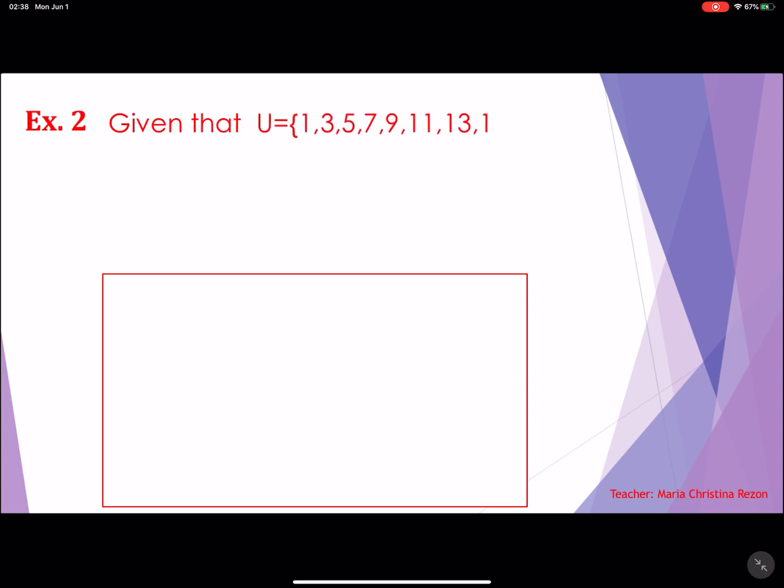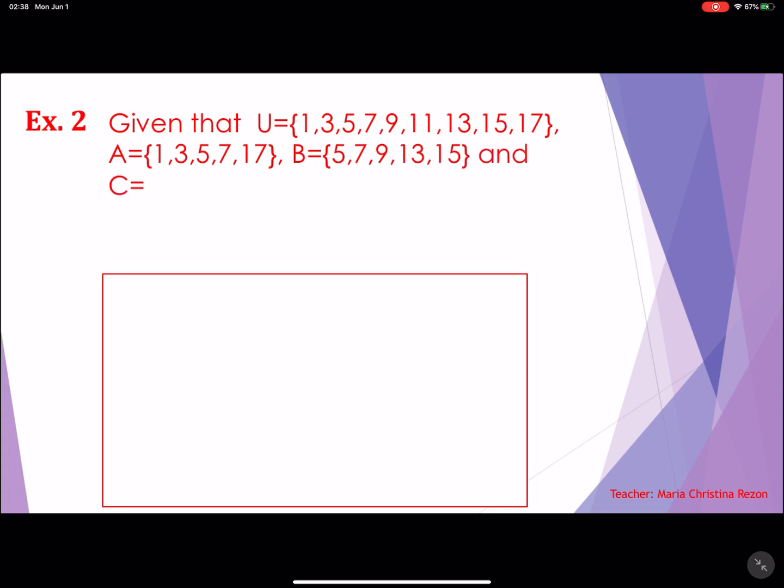Given that the universal set U is a set of 1, 3, 5, 7, 9, 11, 13, 15, and 17, and then A is a set of numbers 1, 3, 5, 7, 17, B is a set of numbers 5, 7, 9, 13, 15, and C is a set of numbers 1, 3, 5.